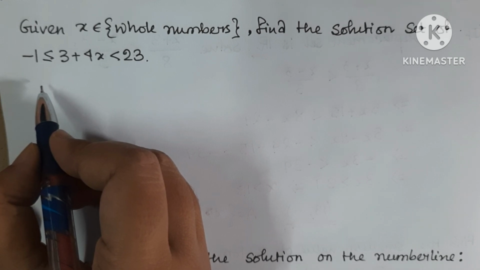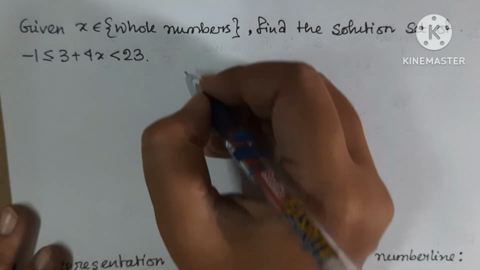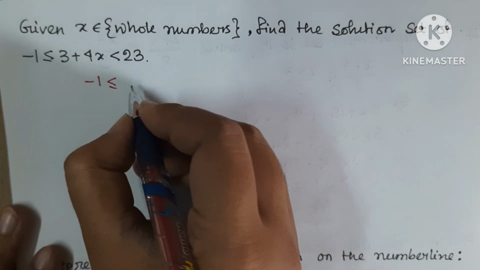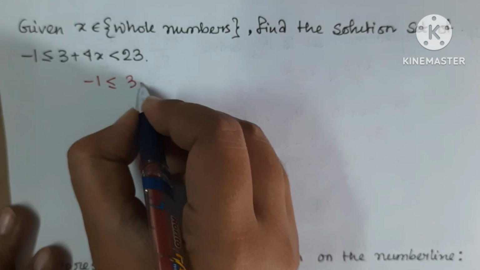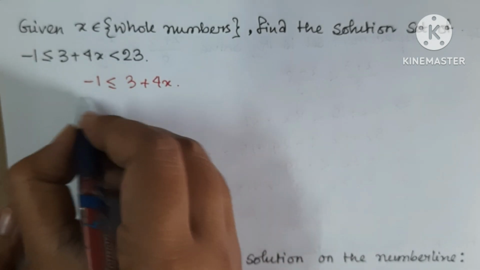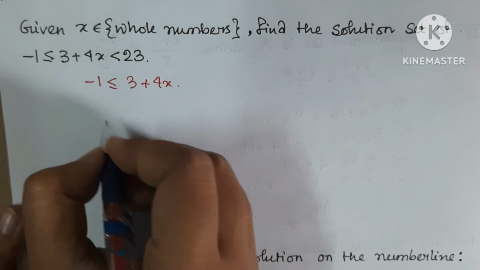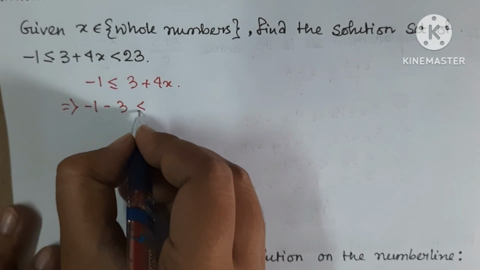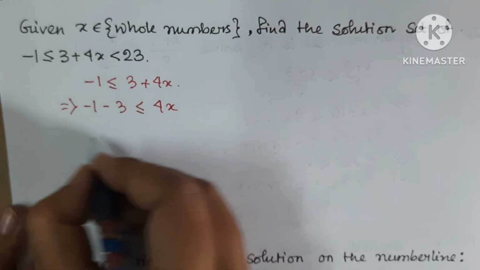See, you can do this like: minus 1 less than or equal to 3 plus 4x. Here first you solve this one. So minus 1 minus 3 less than or equal to 4x.